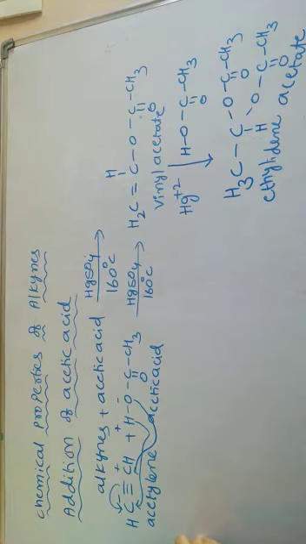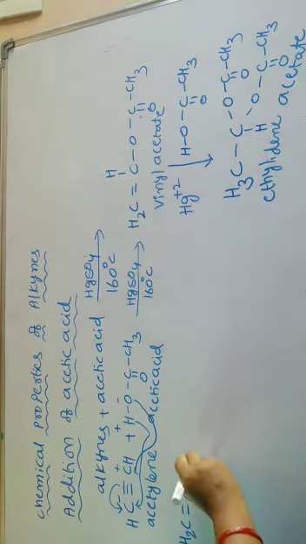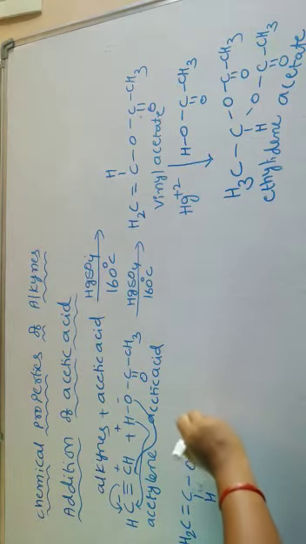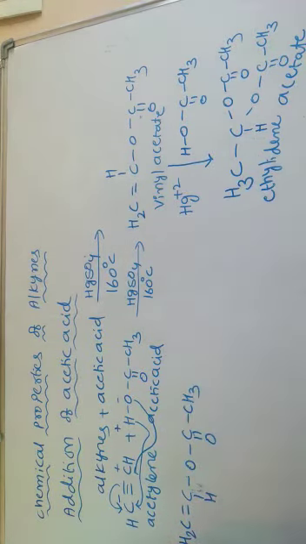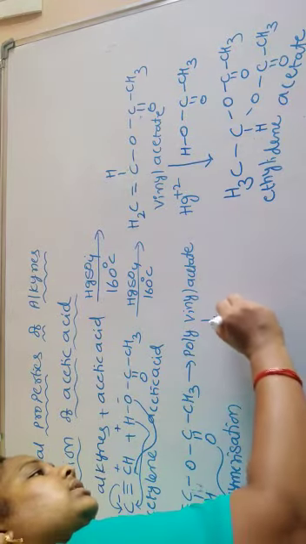And here, vinyl acetate is an important compound. This vinyl acetate undergoes polymerization and forms the polymer of vinyl acetate, polyvinyl acetate.